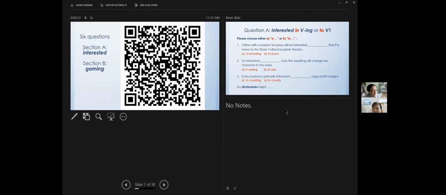Which one do you use, in knowing or to know? The second one is: I'm interested in seeing or to see how the wedding will change her character in the series, perhaps a TV drama series. The last one: every business is primarily interested in creating or to create large profit margins.